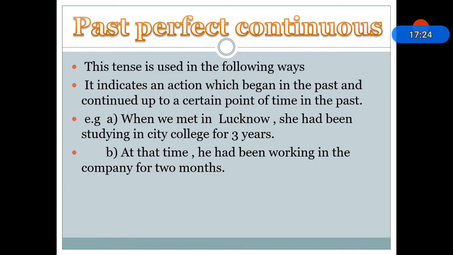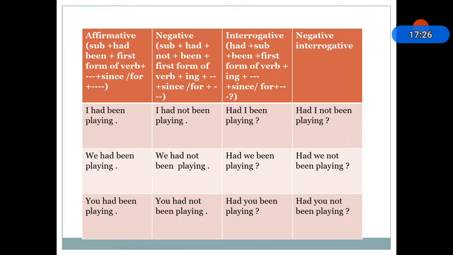Now let's see the different kinds of sentences and the rule for this tense. For affirmative, the rule is subject plus had plus been plus first form of verb plus since or for plus the object. Example, I had been playing, and you can add since 2 hours.